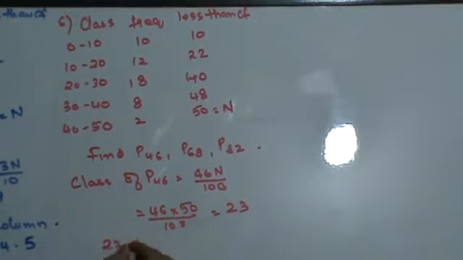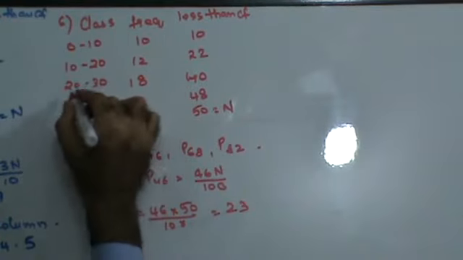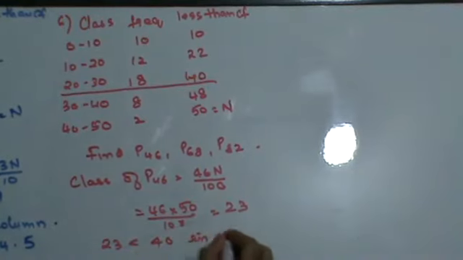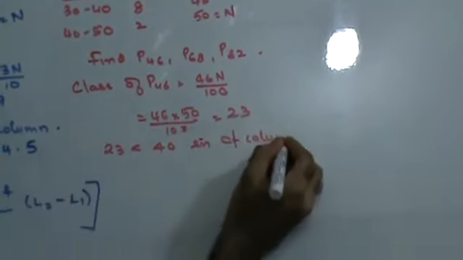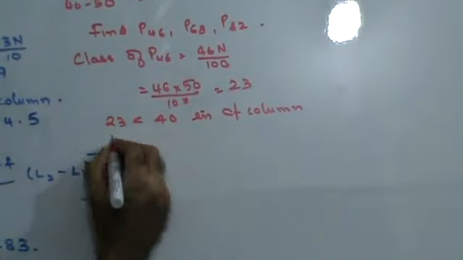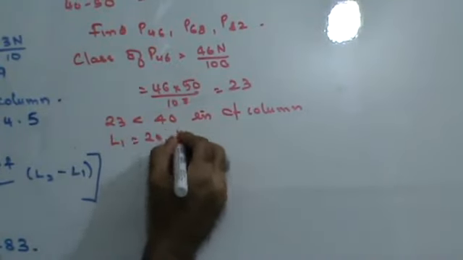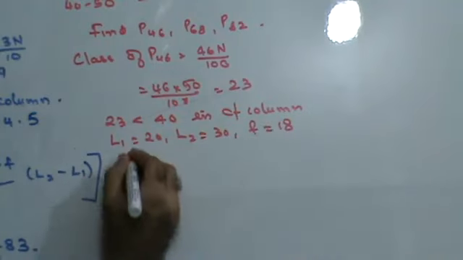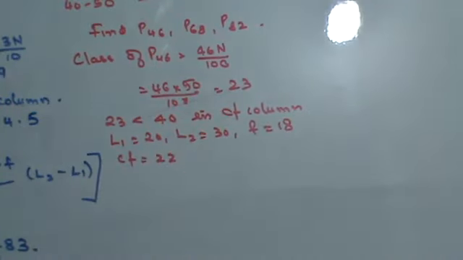Now 23 is less than 40 in the CF column. Since 23 is less than 40 in the CF column, L1 will be 20, L2 will be 30, F will be 18 and CF will be the number above this, so CF will be equal to 22.